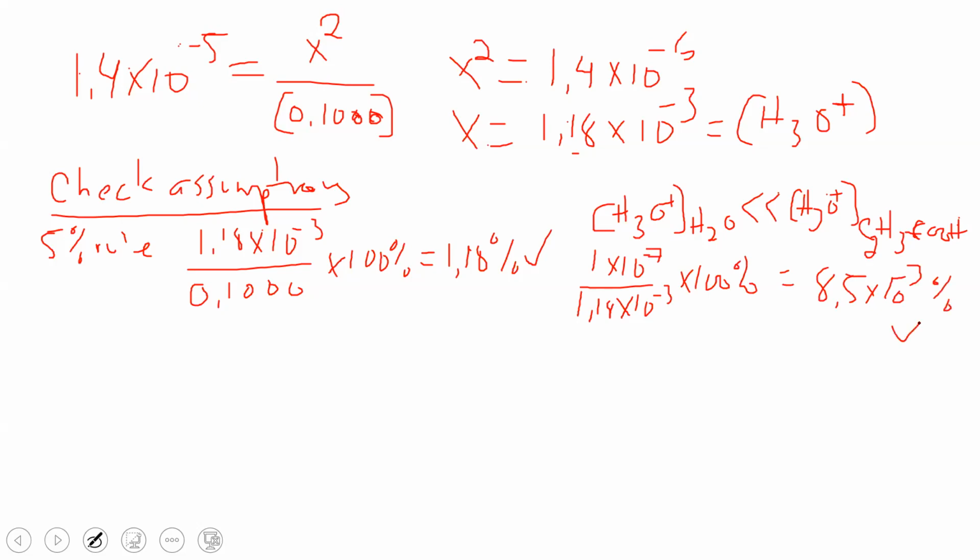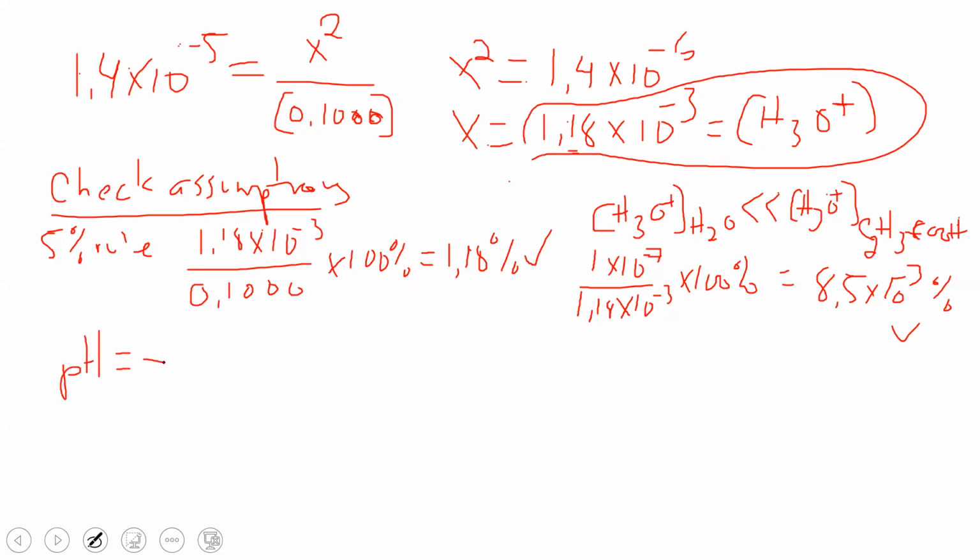And so that one also checks out, which means we can just go and plug that value that we got up here in for our hydronium ion concentration, noting that we have 2 sig figs here. So we can say pH is equal to negative log of 1.18 times 10 to the minus 3, right?